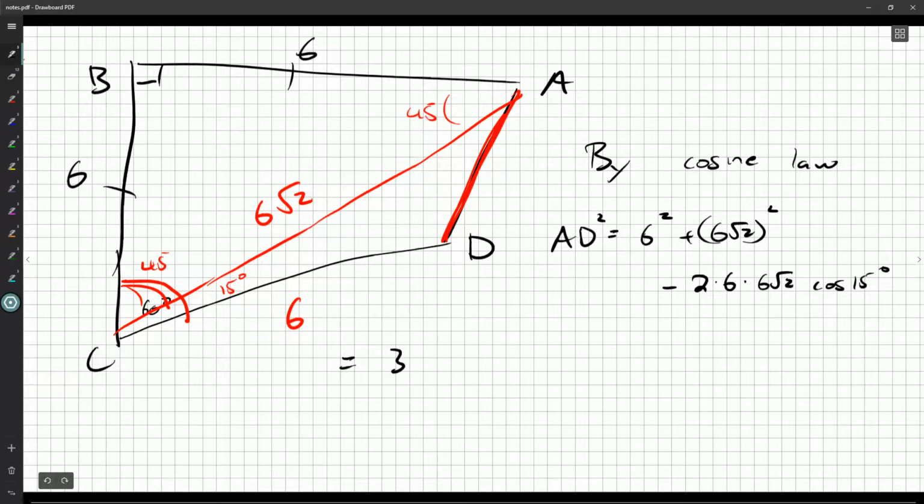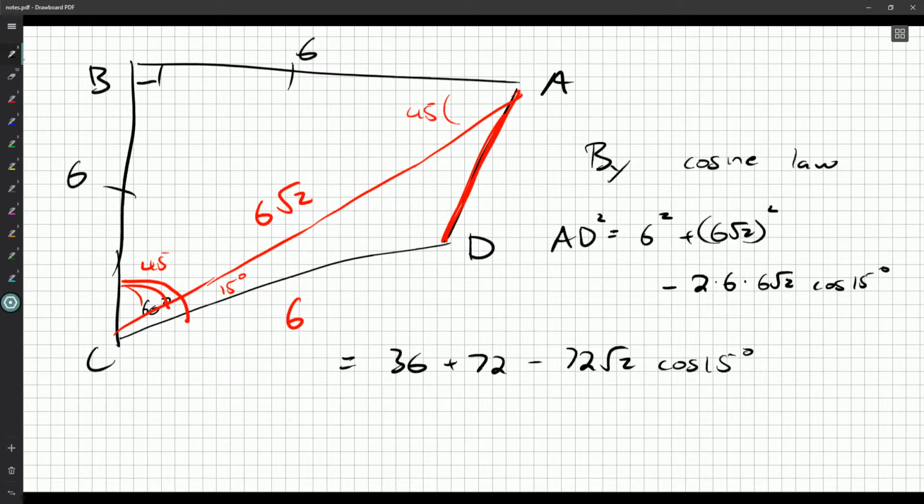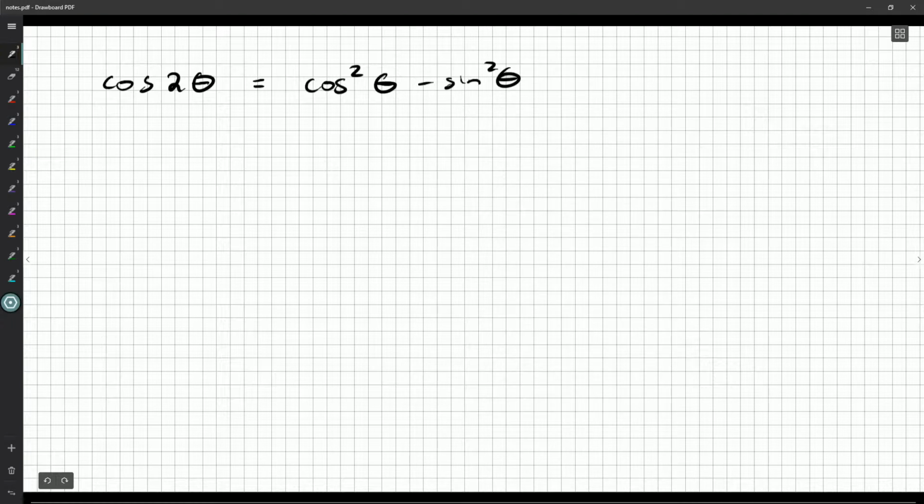So that'll be 36 plus 72 minus 72 root 2 and then cosine 15 degrees. You could grab your calculator if you want. I'm going to see if I can remember cosine 15 degrees off the top of my head, but I do know cosine of twice an angle is cos squared theta minus sine squared theta.